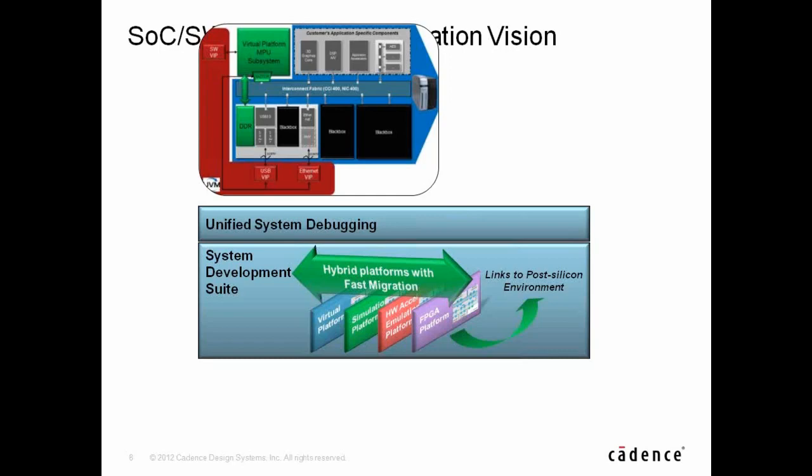So the idea is that your debug should be similar across all the platforms. There are visibility issues, obviously, and that's why you're trading visibility with performance as you go further to the right. Palladium's got visibility, but it's limited compared to simulation in terms of checking. You go to FPGA, you get less visibility.